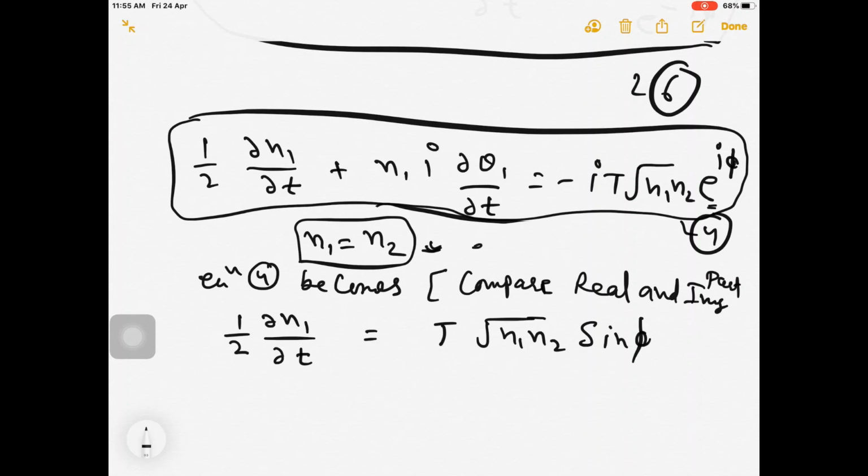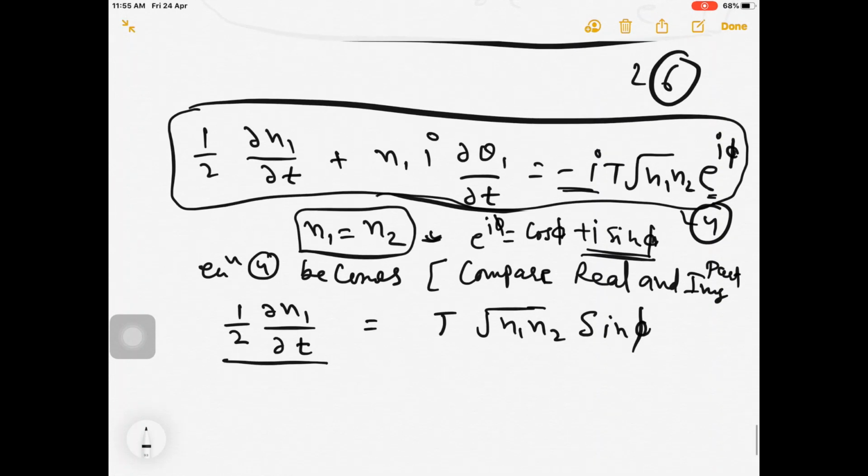Exponential iota phi can be written as cos phi plus iota sin phi, and when I multiply this term iota sin phi with minus iota, I will get plus, since iota square is minus, so minus minus will be plus. I will get plus t under root n1 n2 sin phi, and the real term on the left hand side is 1 by 2 del n1 divided by del t. So I write it as equation number 7.